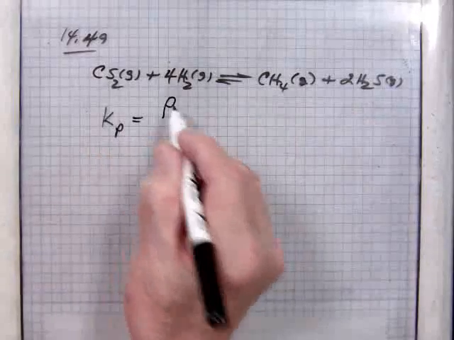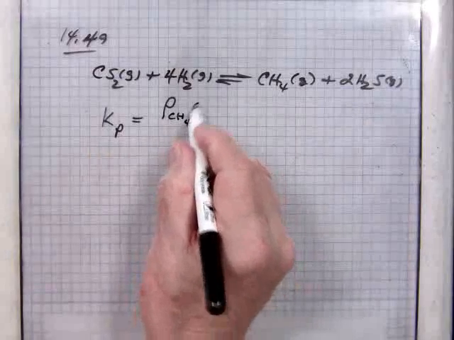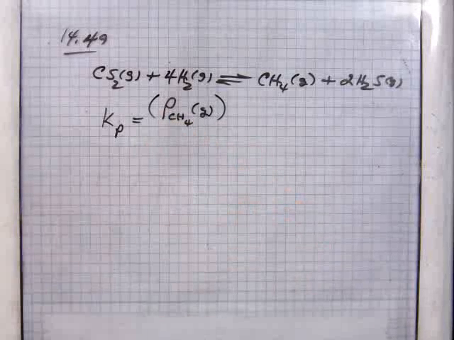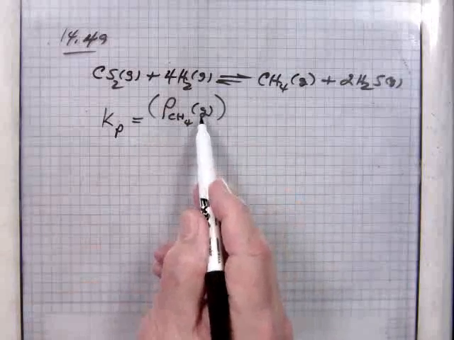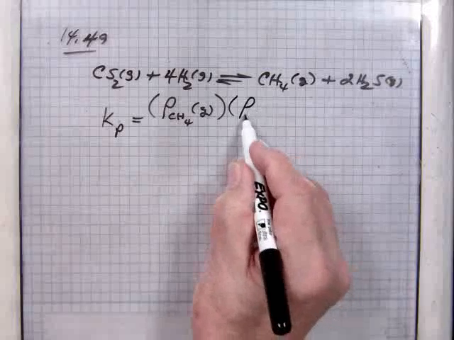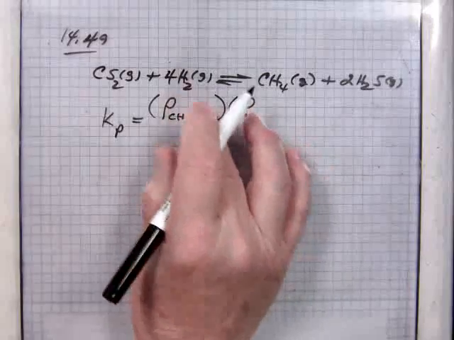And so that'd be the partial pressure, and the way that's written is like this. And don't use brackets, we just use parentheses like that. So you see the partial pressure of methane gas is there, and then times the partial pressure of hydrogen sulfide as a gas. Well, I should put the G down here.